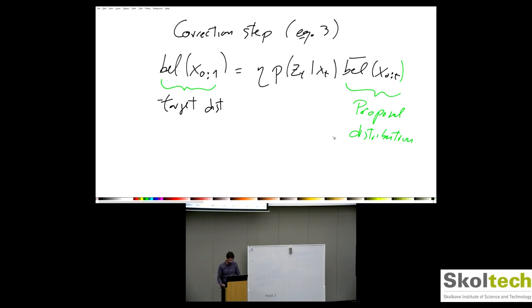I'm just obtaining this from the base filter, this variation of the base filter. So this is great because we already have a particle set that is representing this distribution, this belief. So this is going to be our proposal distribution. That's one of the reasons why we cannot really sample from it, because we already have this set, right?